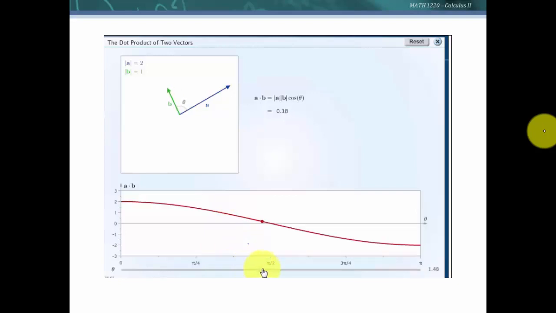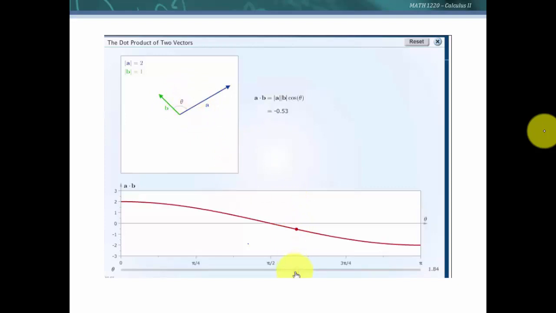and as we continue and we get over here until we can get these vectors to be orthogonal or perpendicular to each other, that is when we have that dot product being 0. So there they are at 90 degrees, or pi over 2 from each other. Now as we continue and we now have an obtuse angle, look what happened to the dot product. The dot product is now negative.